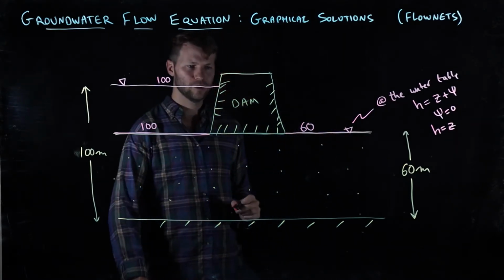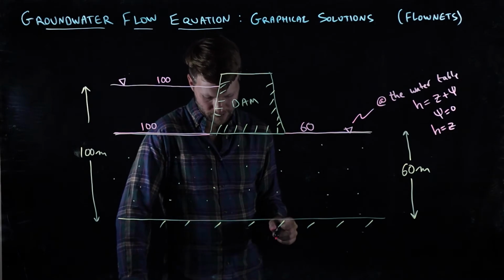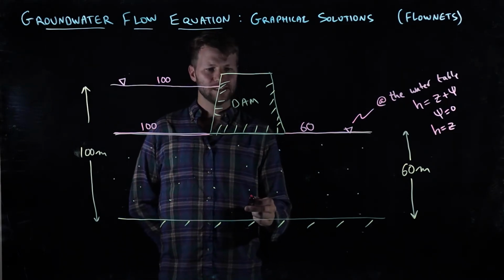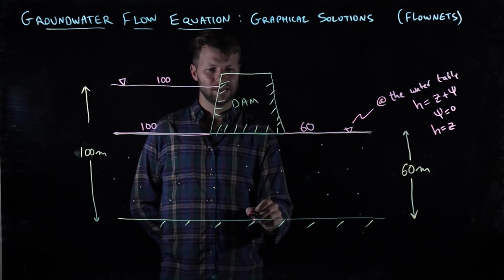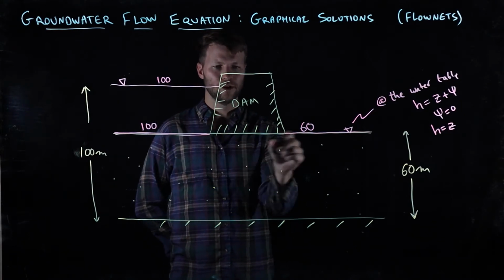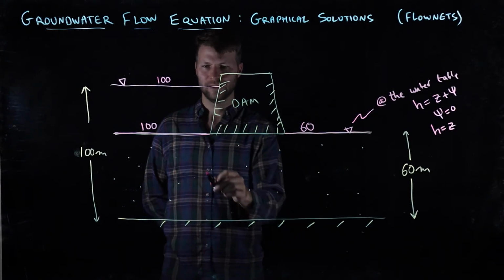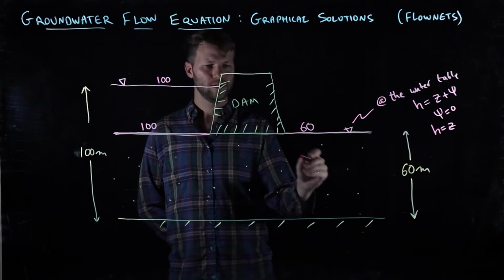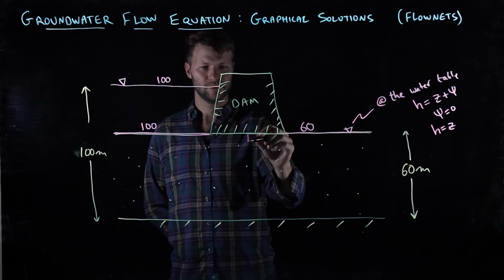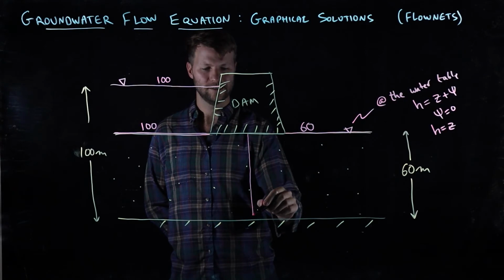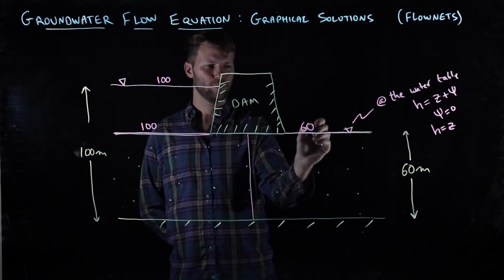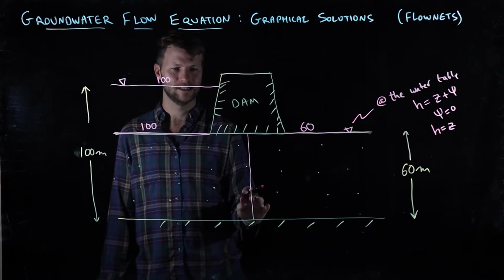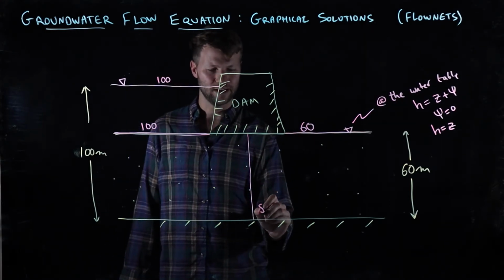And we are going to use our intuition here. And we know, for example, that in the last video we said equipotential lines must meet these impermeable no-flow boundaries at right angles. And so if this is 100 here, and this is 60, we're going to say that somewhere in between here, there's an equipotential line that's just vertical, that's halfway in between these, because this is just a homogeneous, isotropic, steady-state system that has a value of 80.